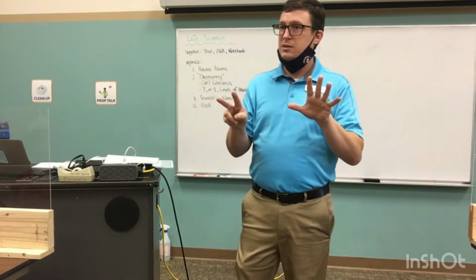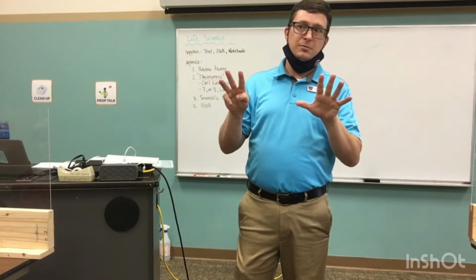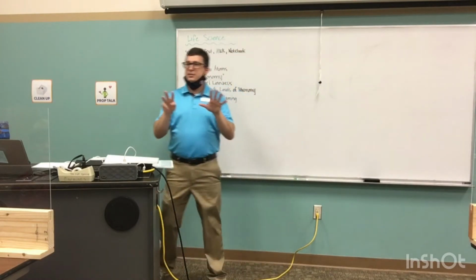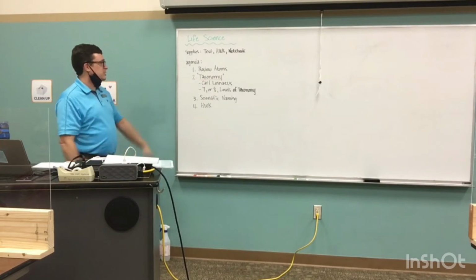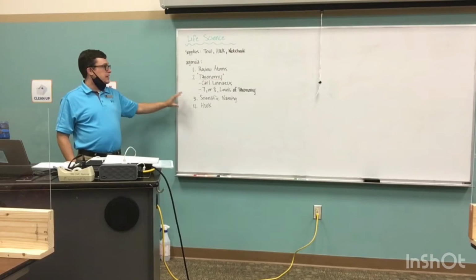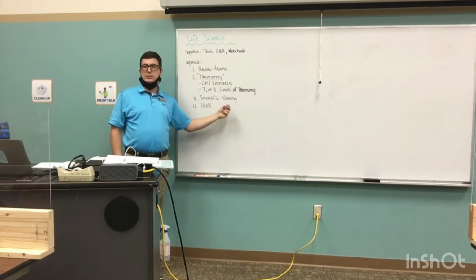But today, many scientists have added an 8th level. Can you stellar 7th graders handle 8 levels? Yeah, I think you can. All right, so we're going to cover all 8 levels, and then we're going to get into scientific naming and how taxonomy helps us in naming organisms.